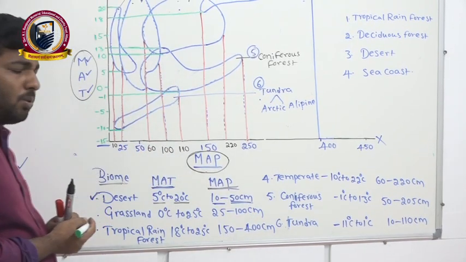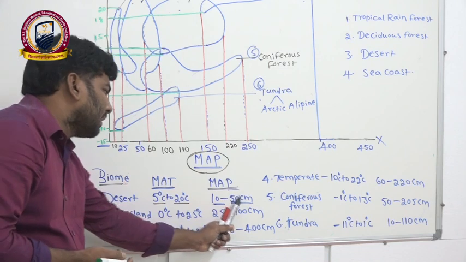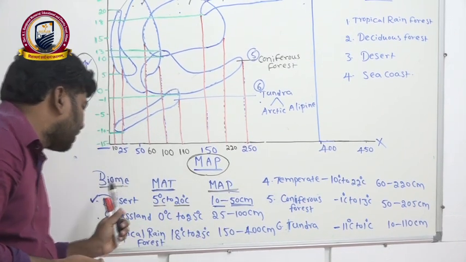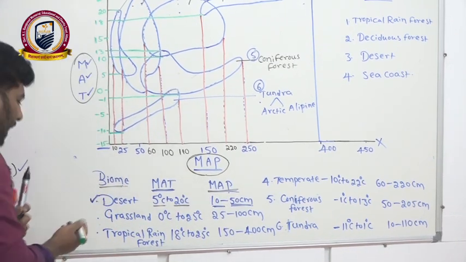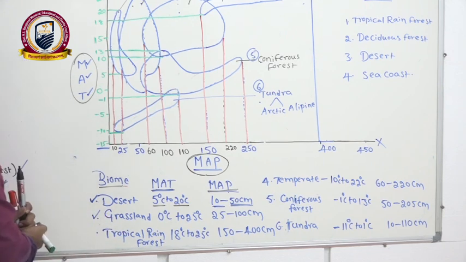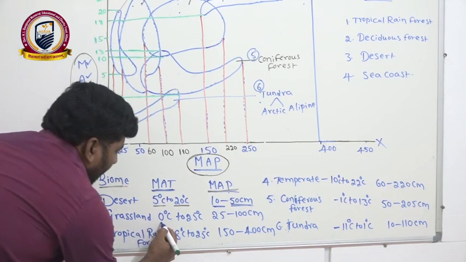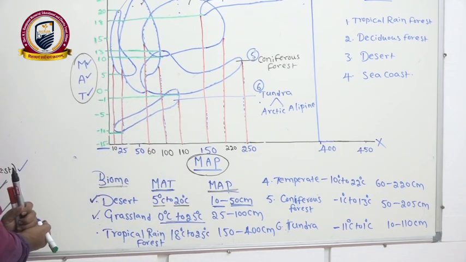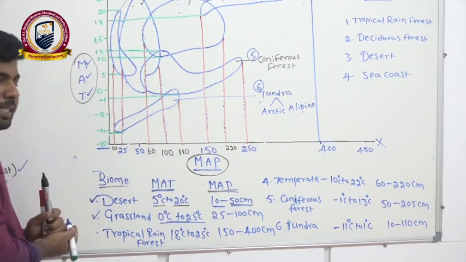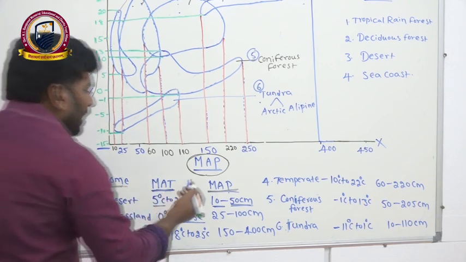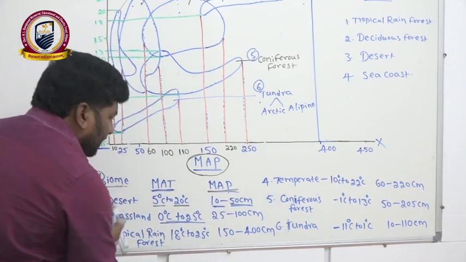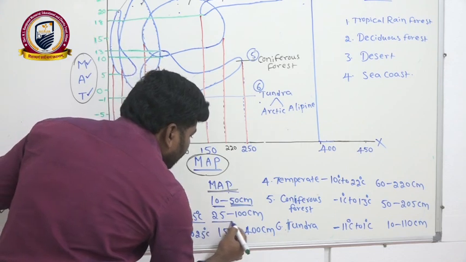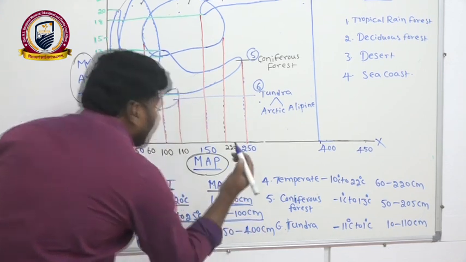Similarly, for the second one, the grassland biome, the mean annual temperature is 0 degrees to 25 degrees centigrade, and the mean annual precipitation is 25 centimeters to 100 centimeters.